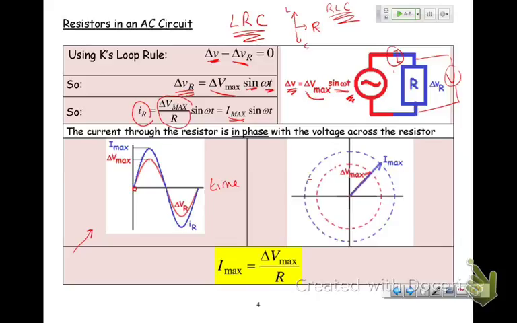So the inductive reactance is the inductor's equivalent to resistance. If you think about it, if XL is omega L, if I double the size of my inductor, I get twice as much inductive reactance. If I double my frequency, I get twice as much inductive reactance.